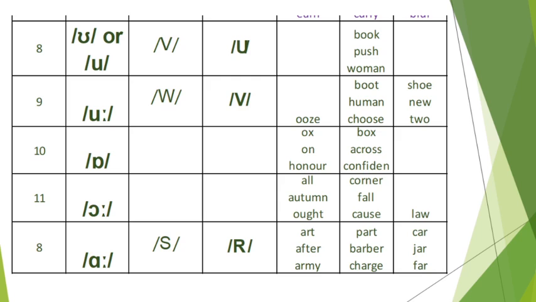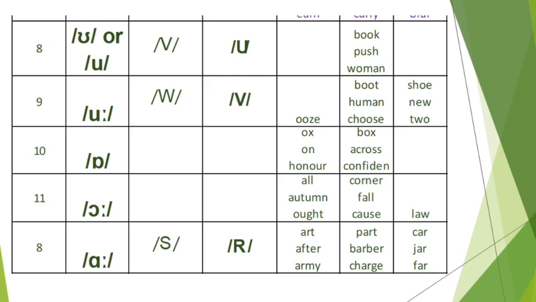Autumn, ought. Medially, corner, K plus O, corner. Fall, cause. Finally, rare words such as law.